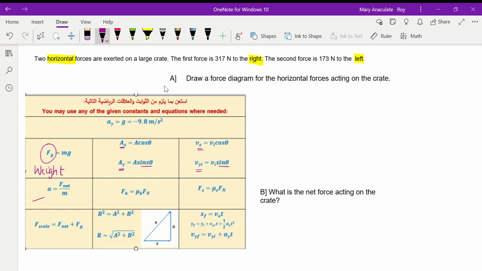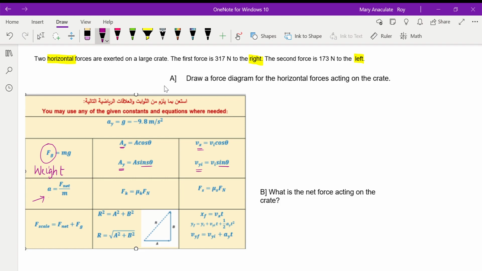And this is Newton's second law equation. Acceleration equals F net over m. Alright, and these two are related to friction formula, kinetic friction and static friction. And this comes in the two-dimensional force calculations or vector calculations, Pythagoras theorem, when the angles are at 90 degrees.